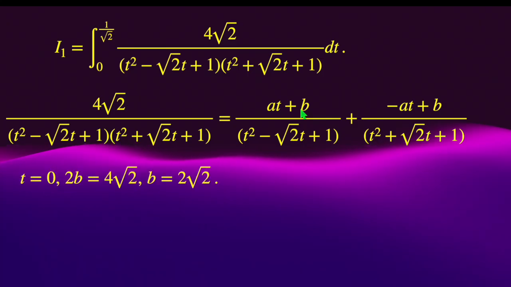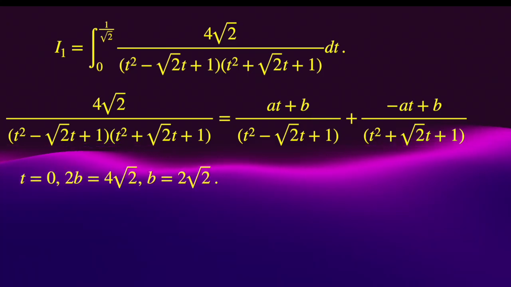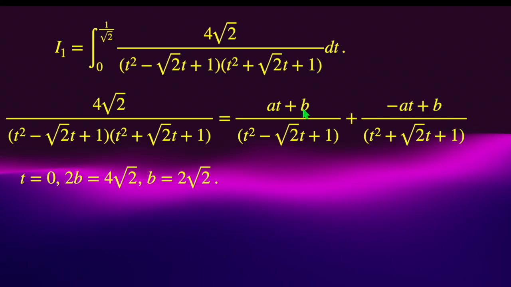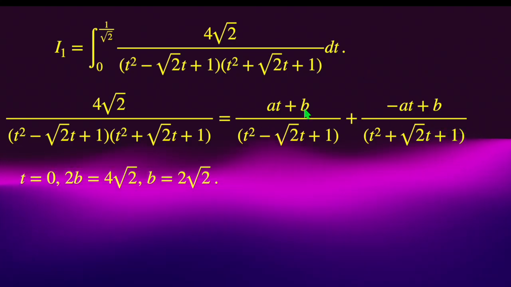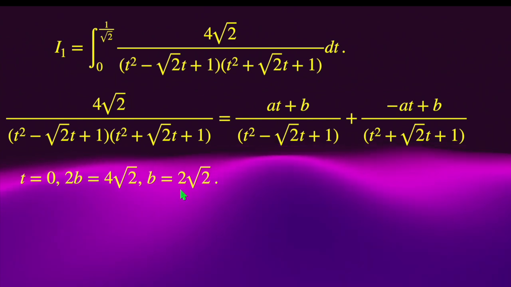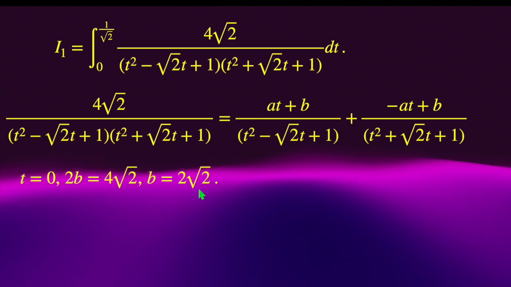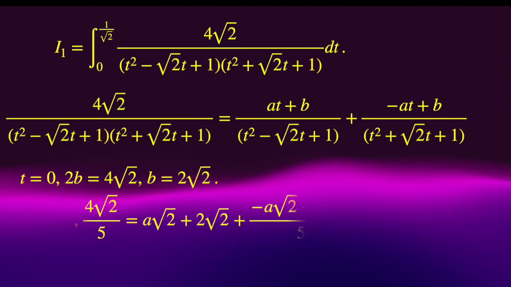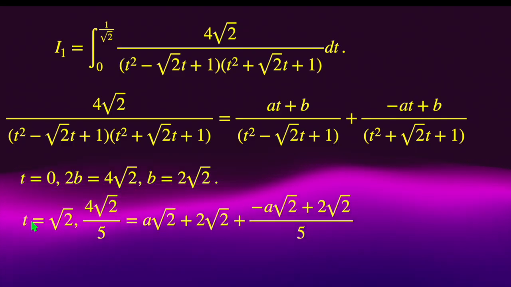And now let's compute a and b. For b, we take t equal to 0. So if we take t equal to 0, we get here 2b, and here we get 4 square root of 2, and we get b equal to square root of 2. For the computation of a, we will take t equal square root of 2.